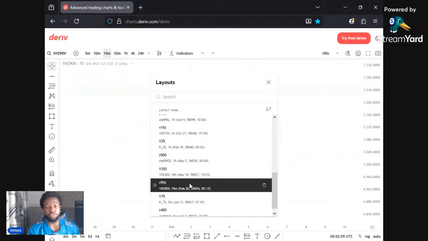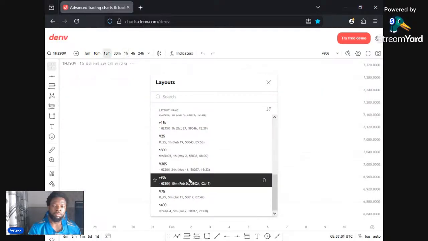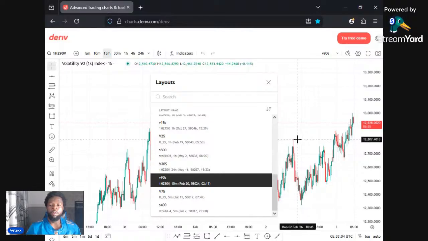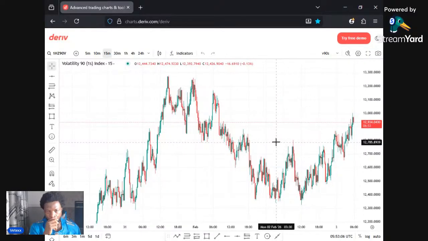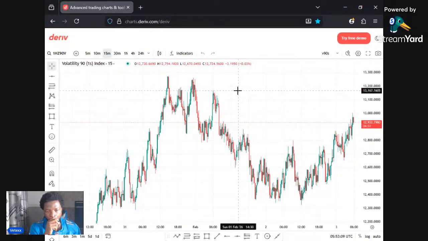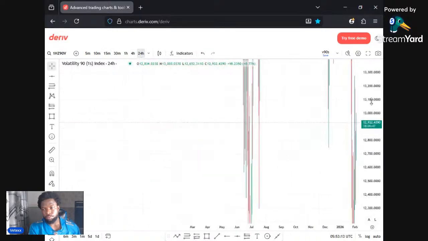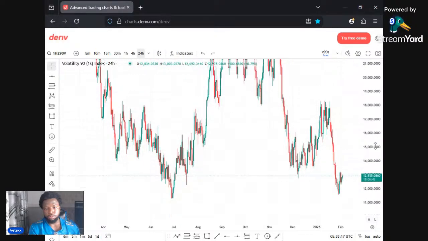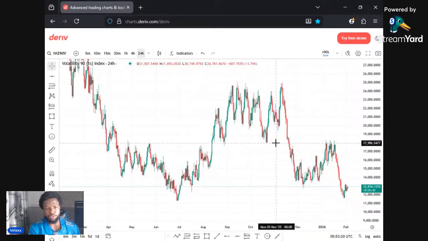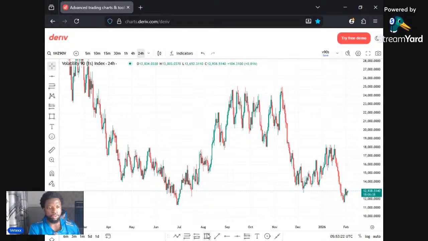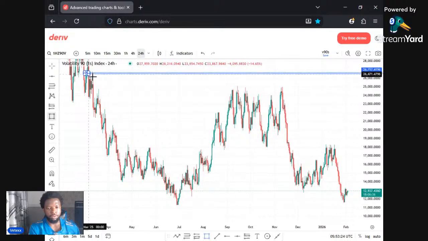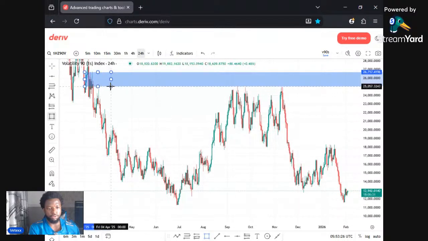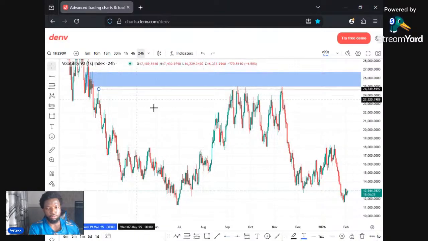So let's check V90S. On V90S, the daily time frame has been bearish, but it's here to smash its target. If you look closely, you have a sweep of liquidity here, and price tapped into this point of interest, which is structural liquidity here.